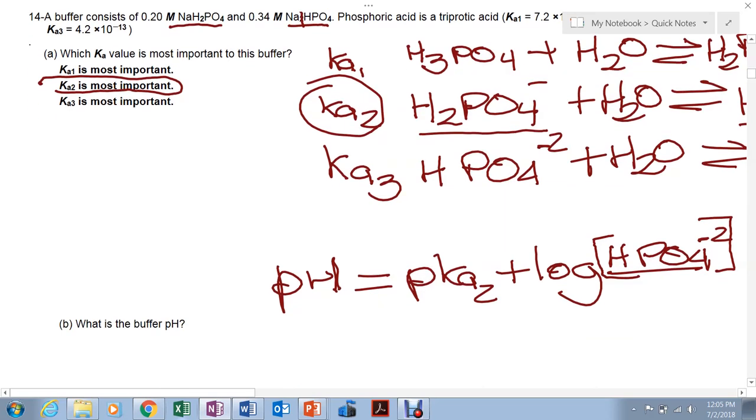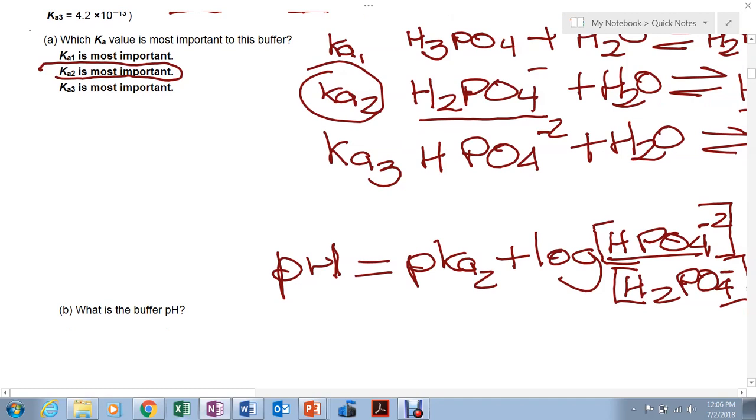And the concentration of the acid would be the H2PO4 negative 1. That's the second step of ionization of phosphoric acid.